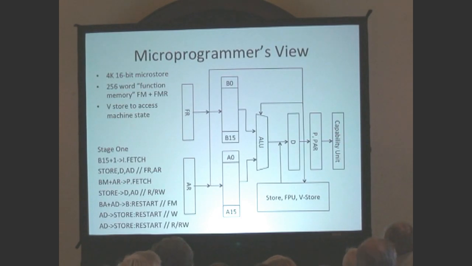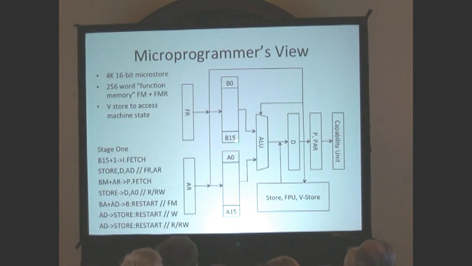How the machine looked to a microprogrammer, this is the micro architecture. You had this 4K 16-bit micro store, essentially arithmetic and logic unit, one central data register. You had the B registers that the machine programmer saw.